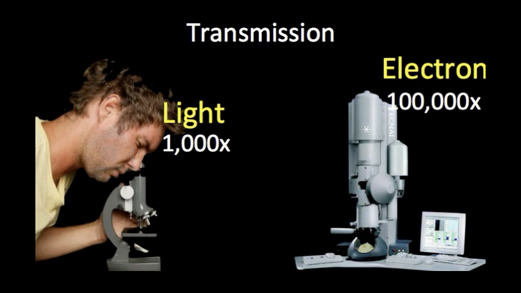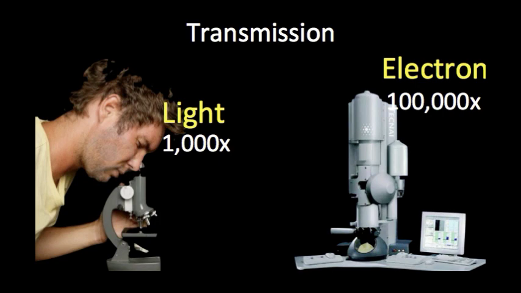To look at cells, we use different types of microscopes. These give us different scales by which we can magnify. A common light microscope will magnify tissues up to 1,000 times, whereas a more complex electron microscope will scale up to 100,000 times.